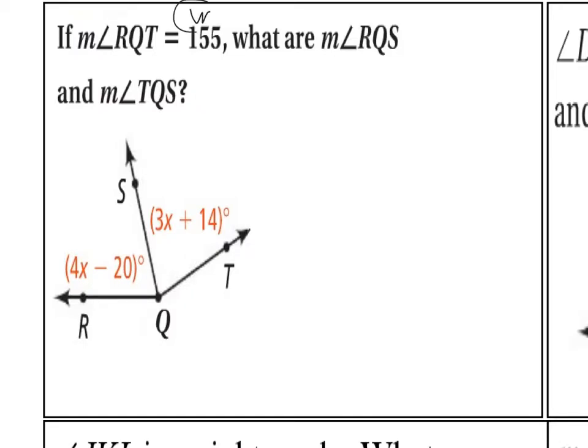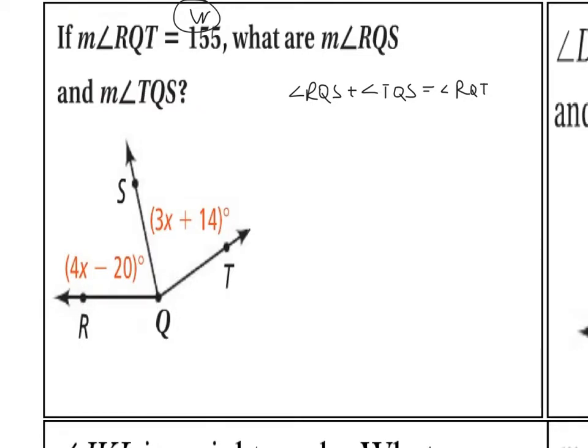If we take RQS and add it to angle TQS, it should equal the angle RQT, or part plus part equals whole. So I'm taking this part right here plus this part right here equals the whole thing.